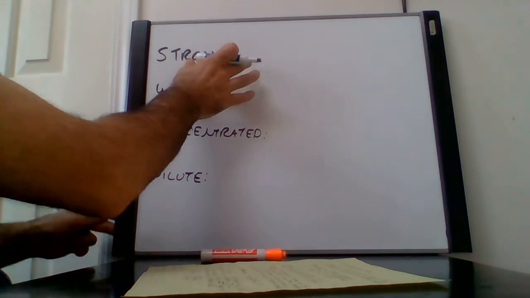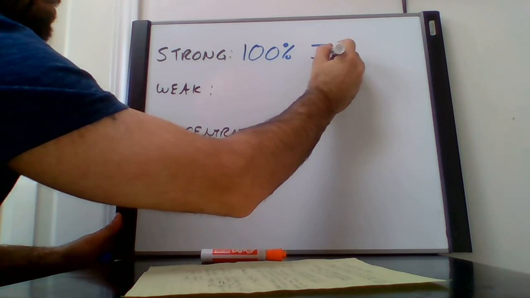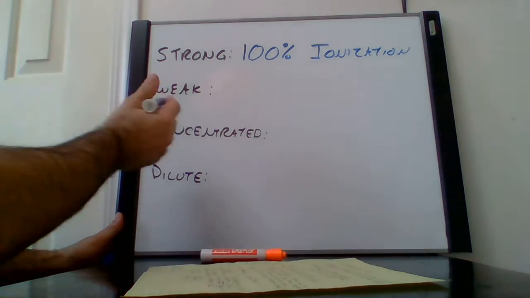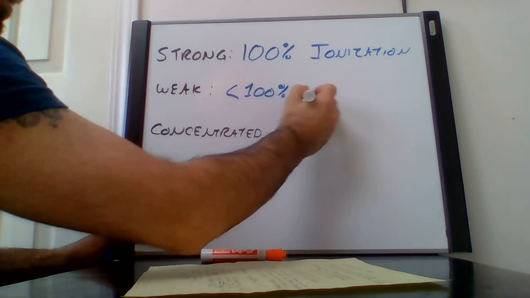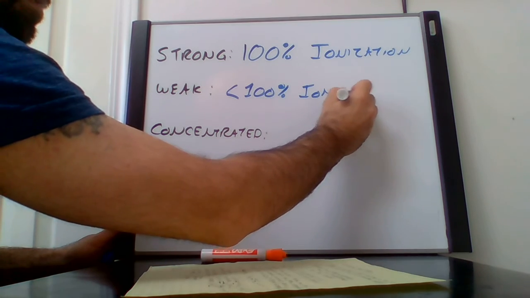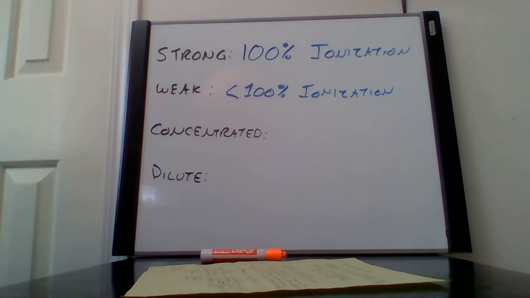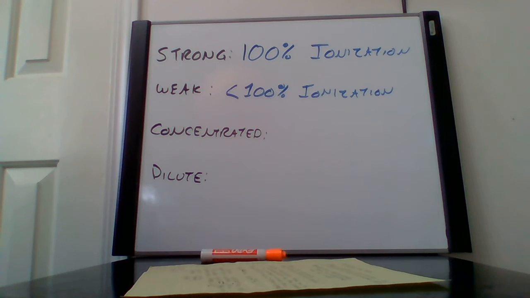Remember, a strong acid or base is 100% ionization, and a weak one is anything less than 100% ionization. We're talking about its ability to dissociate from its protons, completely donating protons or completely accepting protons, whereas with a weak one we're going to have an equilibrium situation.